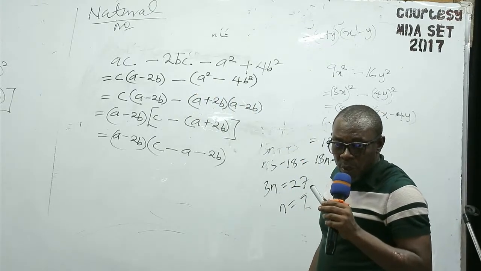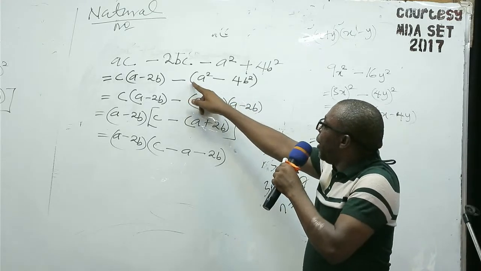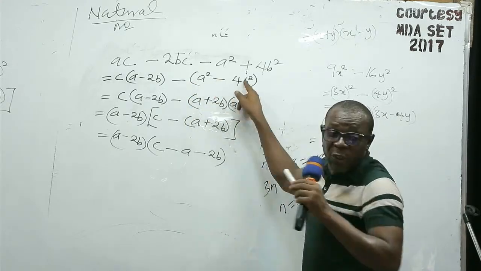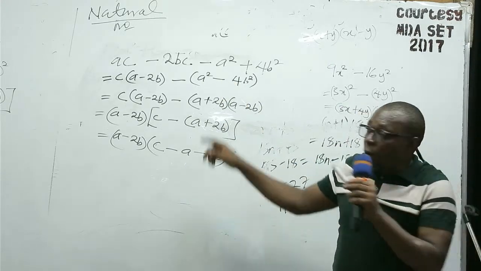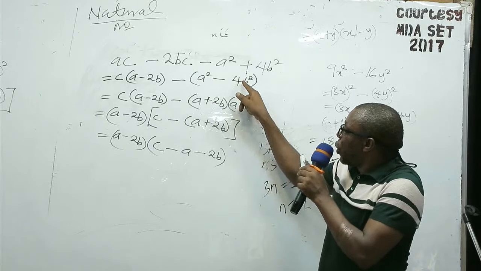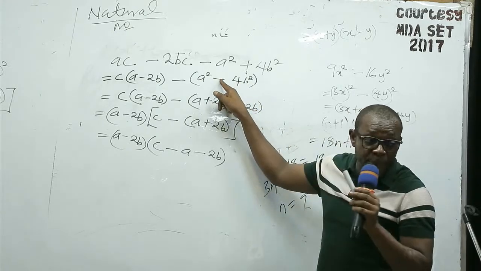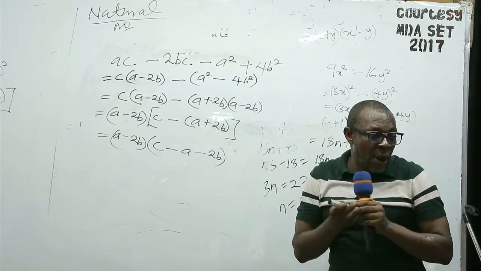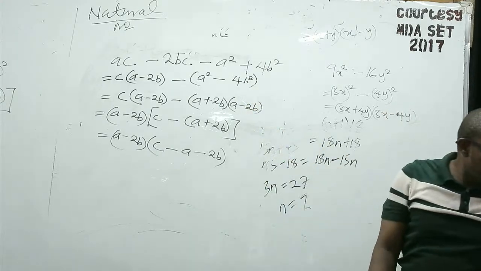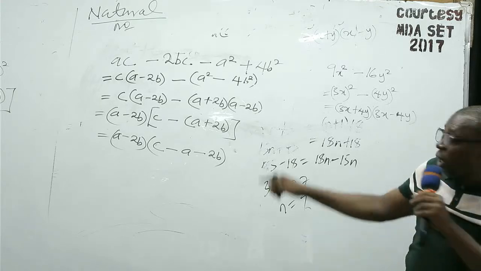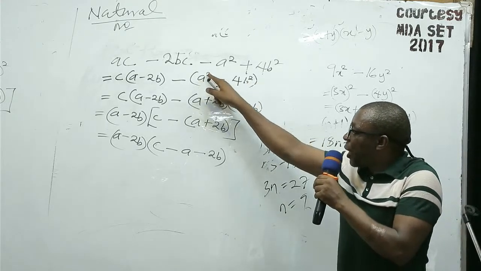Then we go back. This one is difference of what? Why is it difference of 2 squares? Because this one is squared, this one is squared, separated by minus. Now I ask you, what is the square root of 4b squared? 2b. So if it is 2b, what is the square root of a squared?